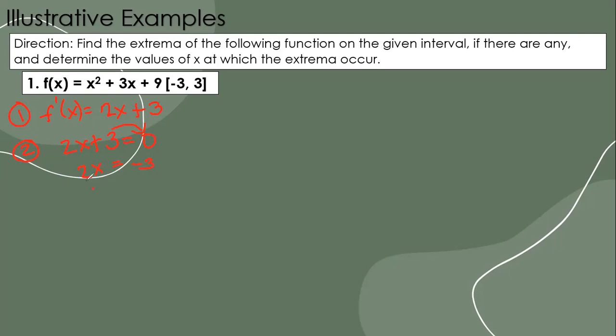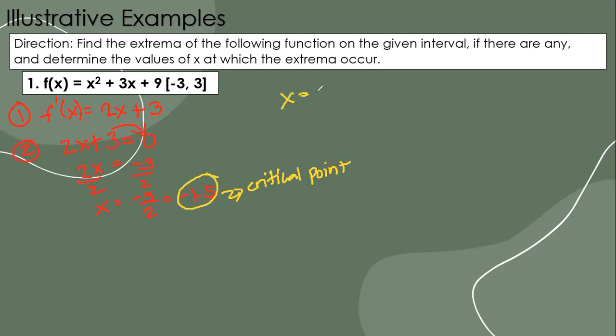And then find x, divide both sides by 2. So x is equal to negative 3 halves or negative 1.5. So that is the critical point pala. So critical point. Okay. So we have three values of x.